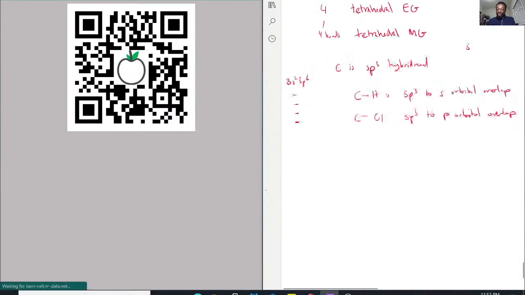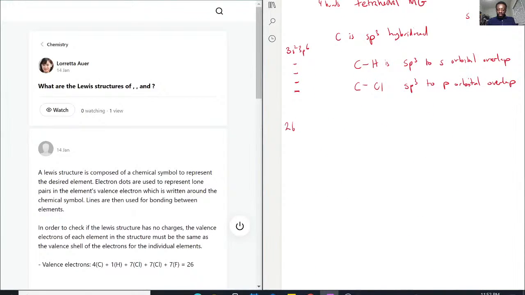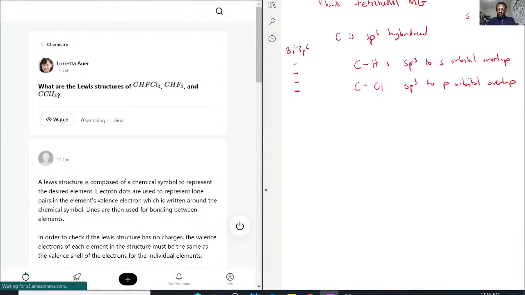And now for question number 26. We want to know what the Lewis structures of CHFCl2, CHF3, and CClI3 are.